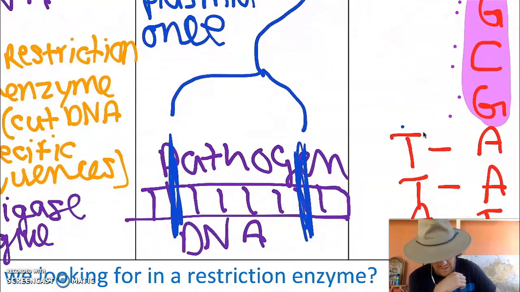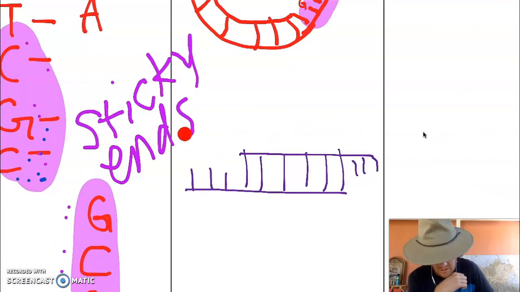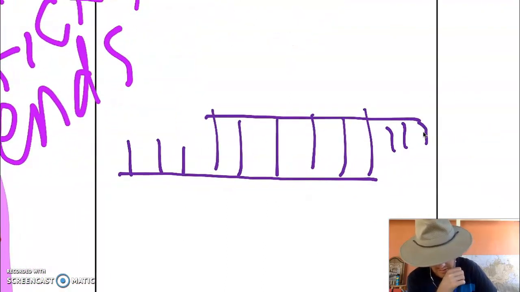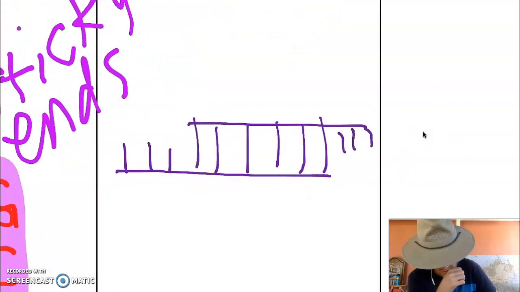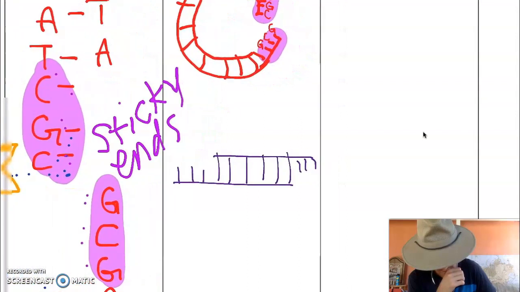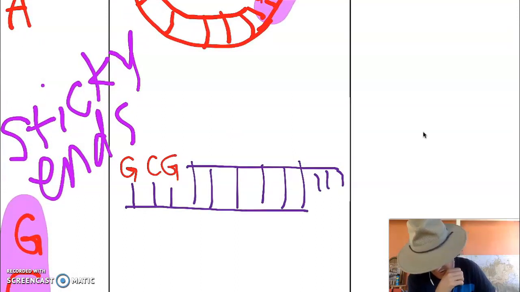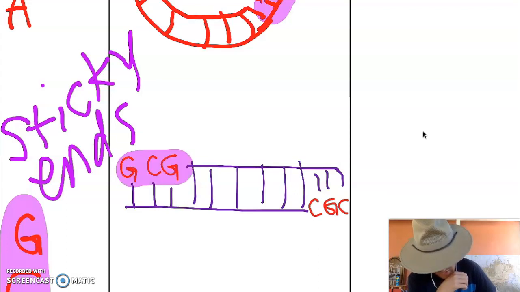When that restriction enzyme makes the cut, remember it's going to cut in this zigzag form there, and in the same zigzag form over there. What this leads to is 2 exposed sticky ends. On one side, there's going to be an exposed GCG. On the other side, there's going to be an exposed CGC. Once again, these are my exposed sticky ends.